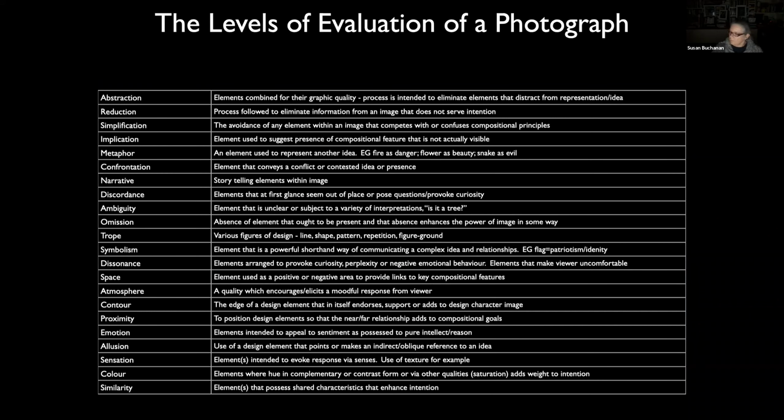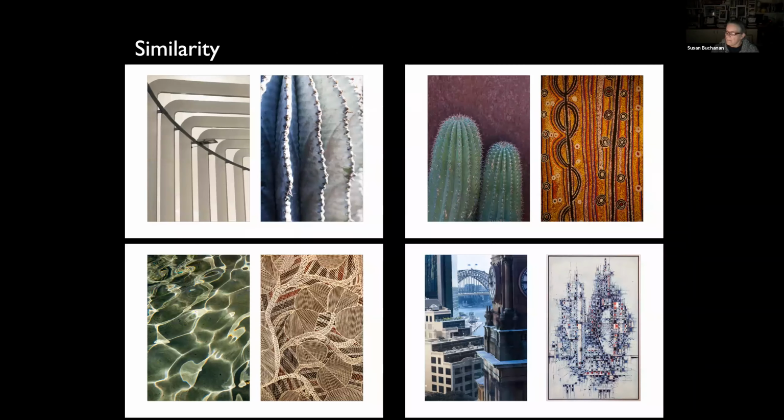Similarity. Elements that possess shared characteristics that enhance intention. Now, I've made mention, I'm not sure if it was in the main part of the talk, but I have mentioned before that I very rarely do individual images as an end game. I work in bodies of work, and in this particular case, this was all from a walk I did from the city through the Botanic Gardens to the art gallery.